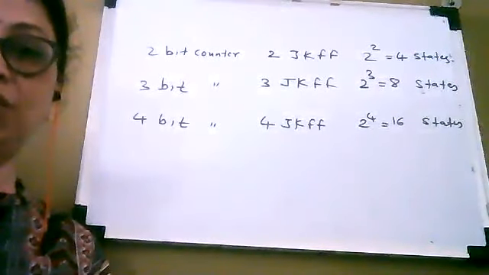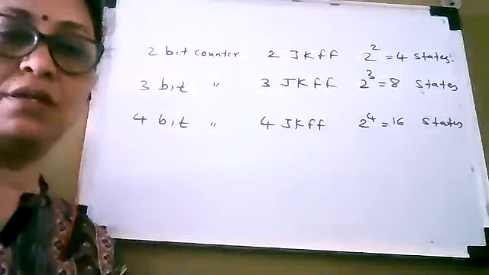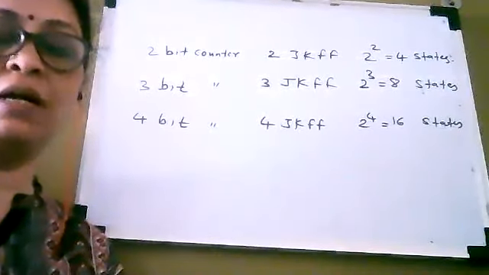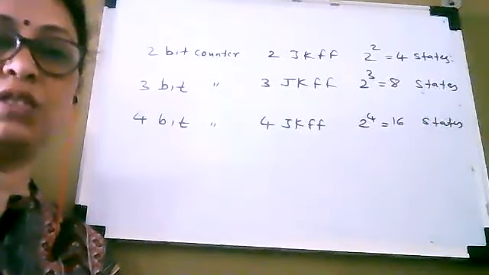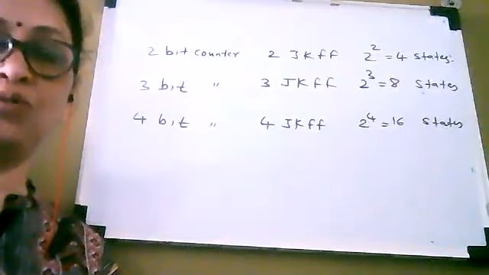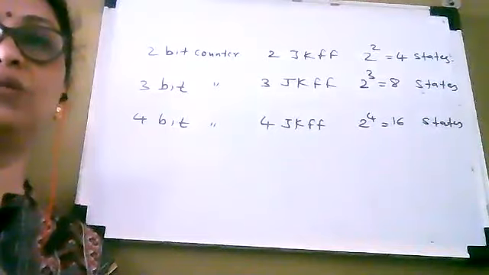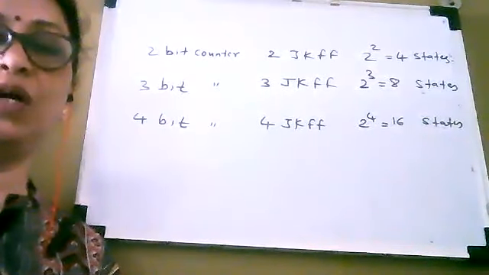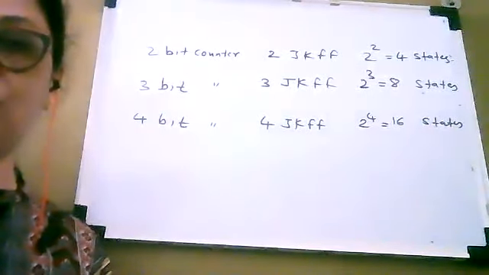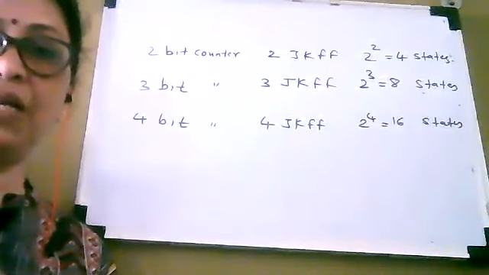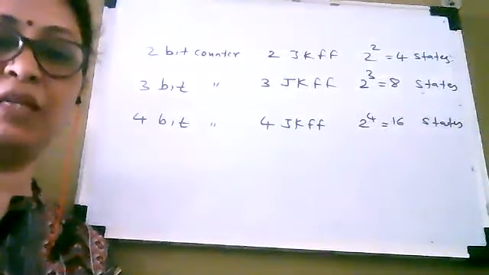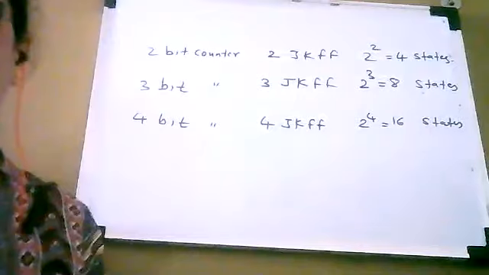And these types of counters are faster in speed and they require some external logic for their operation. So these two important differences between the synchronous counter and the asynchronous counter you have to remember. This is also again very important as far as your examination is concerned.